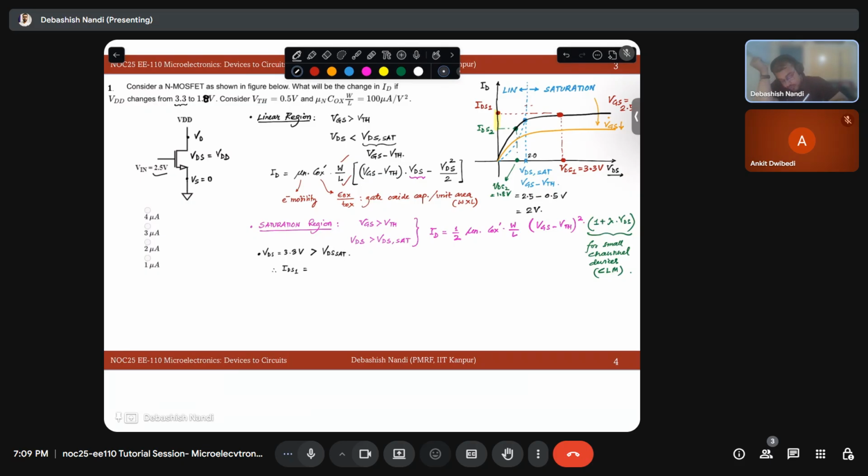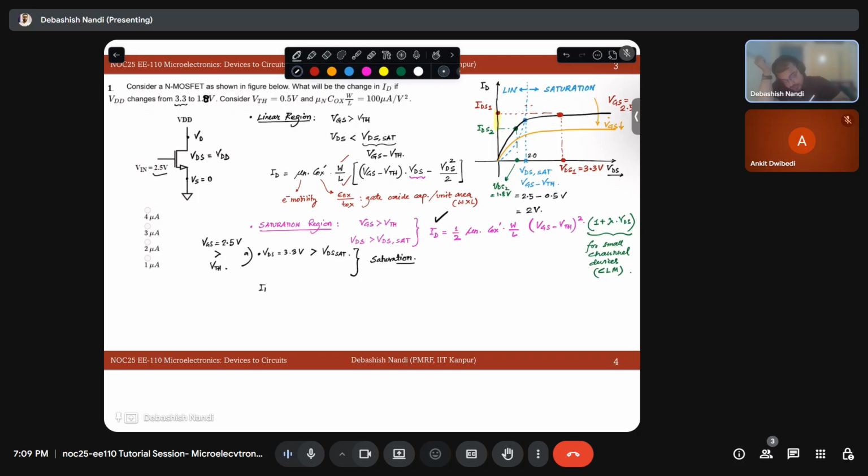Fine. And what about VGS? VGS in both cases is 2.5 volt, greater than your VTH, that is 0.5 volt. So this situation is in saturation.